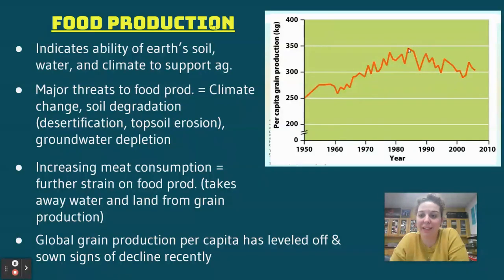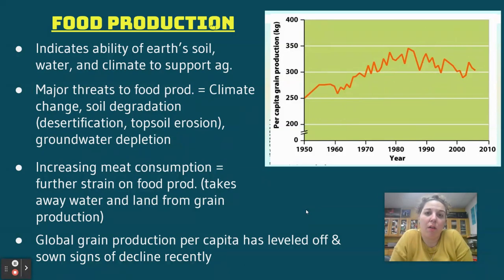You can see it peaked in the mid to late 80s, but since then it's had some ups and downs, and it doesn't have this nice continuous upward trend. Okay. And that is a super negative thing, because around 2 billion people here on Earth rely on rice for their main nutrition, and rice is a grain.